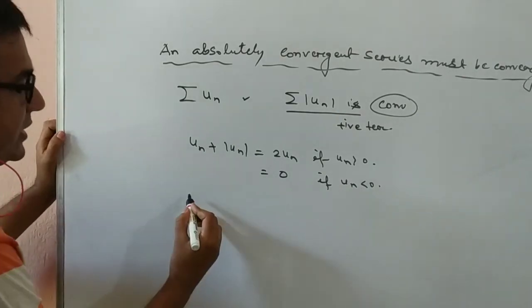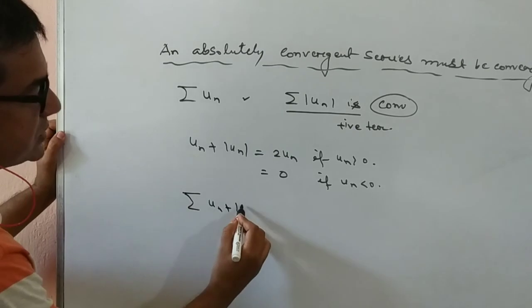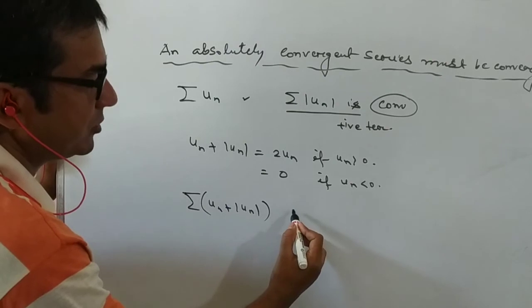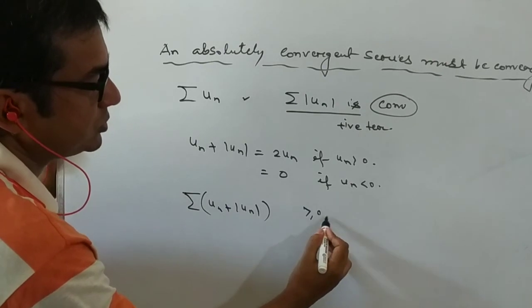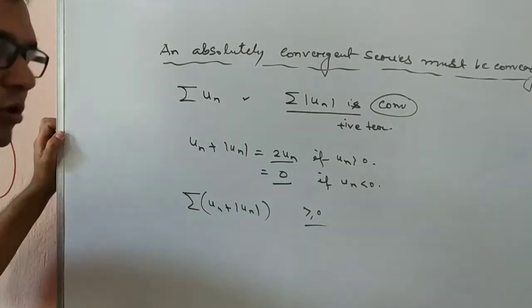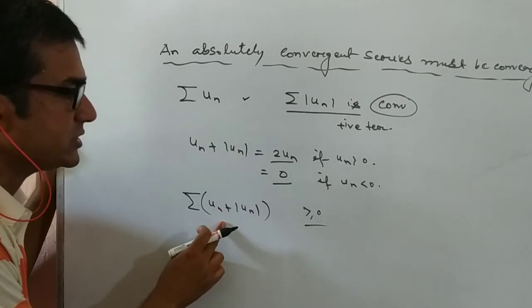So we say that in the series summation (u_n plus mod u_n), every term is greater than or equal to 0, either 2 into u_n or 0. That is, every term of this series is non-negative.